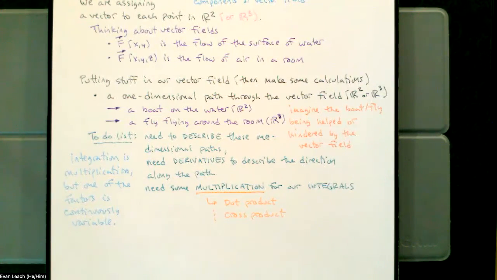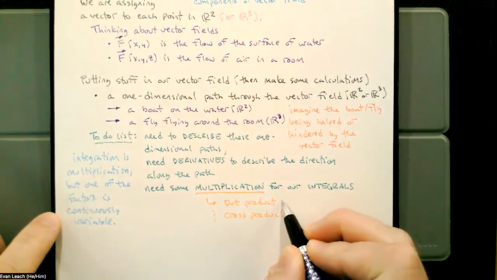That is, at each point, the fly is trying to go one direction, the vector field is going in another direction, and we want to know how much the vector field is helping or hindering the fly. I want to know how much of the vector field is going in the direction of the path. And so that's what our dot product tells us.